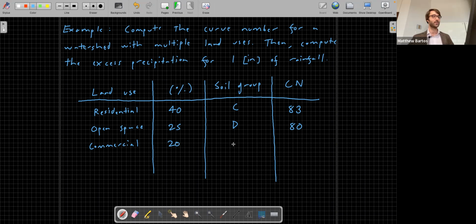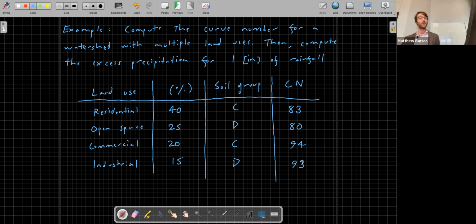Our soil group for this area is C, and the curve number will be 94 for this commercial space, presumably because it's more impervious than the residential space. And finally, we have 15% industrial. This is 15% of our land area, soil group D, and a curve number of 93. So I'll give you a second to write all those down.